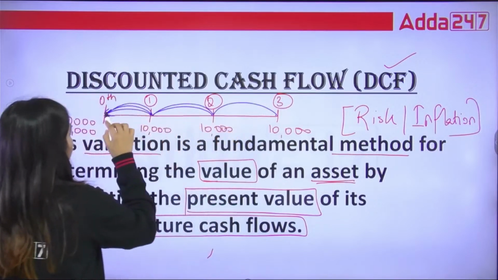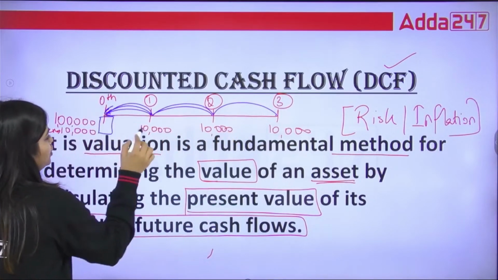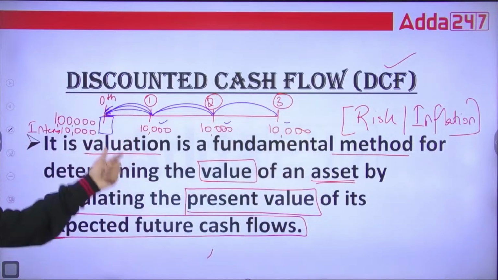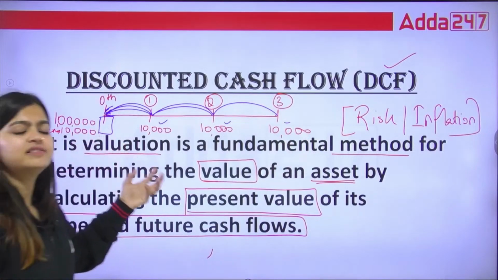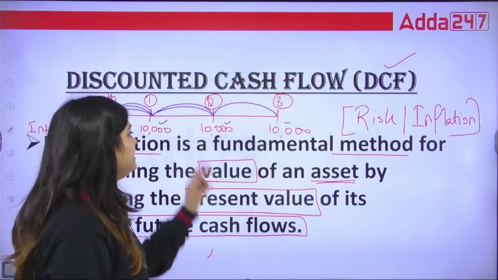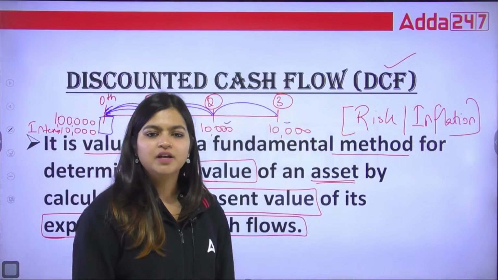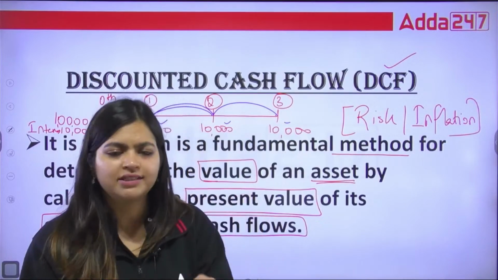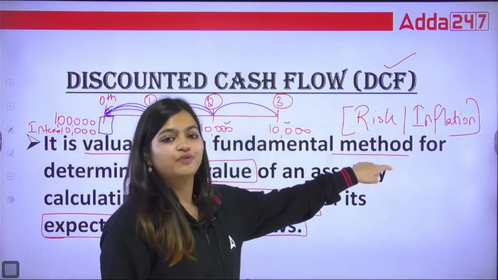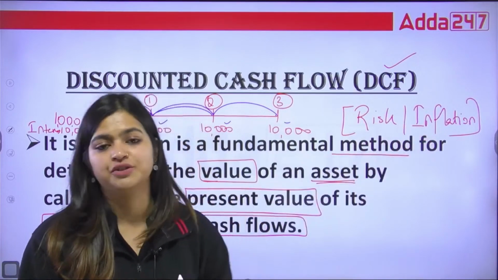Like this, we need to calculate the future cash flows, 10,000, 10,000, 10,000, at today's value. As a layman, we can say that we are getting 30,000. So is it 30,000 only, or something else if we adjust with the risk and with the inflation?